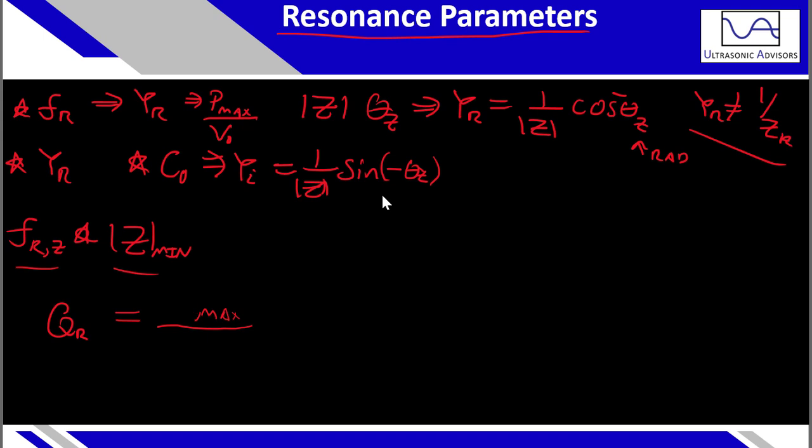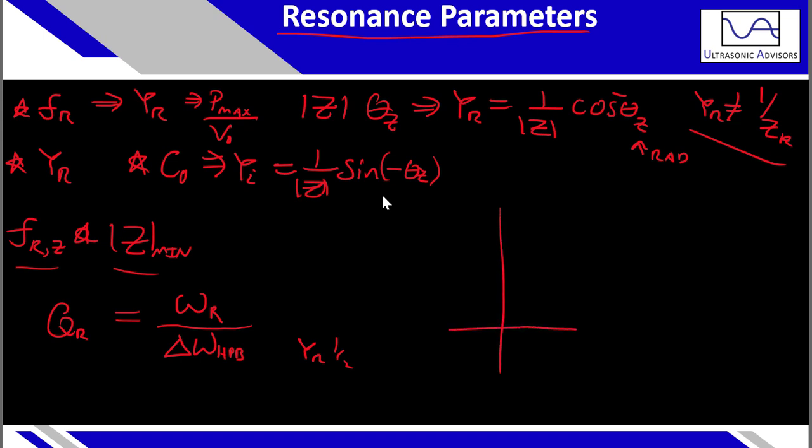It's not the maximum real admittance, it's the frequency of resonance from admittance divided by delta omega, so the delta frequency, half power bandwidth. So this is where admittance is 1/2.